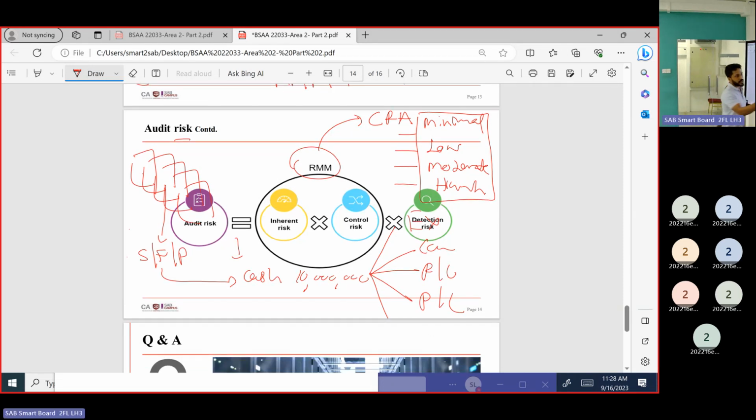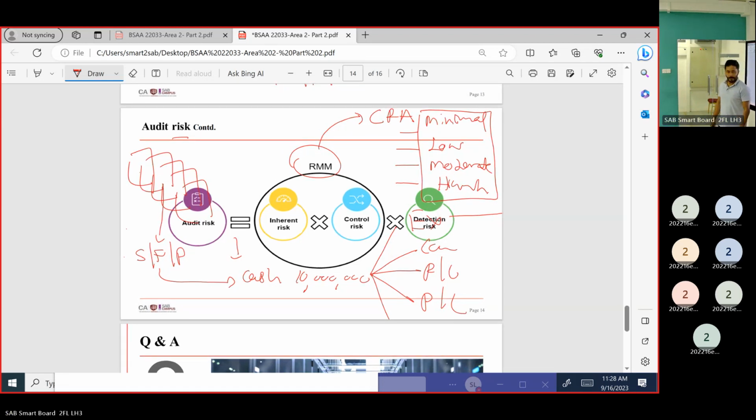So we are doing the risk assessment at the assertion level. What is the inherent risk related to the existence of the cash balance? What's the control risk? What are the controls implemented by the management over existence of the balance? We analyze that and we design the procedures accordingly. Can you understand that?